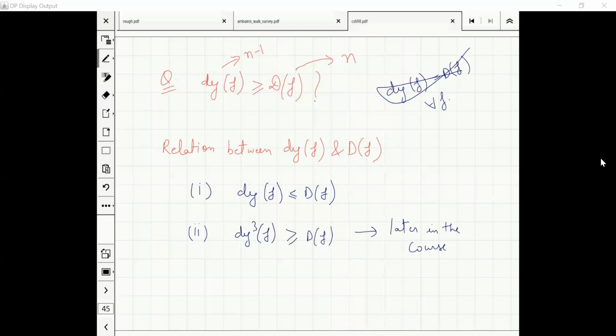What we know is that d of f is definitely less than degree cube of f. So for all functions, degree of f and d of f will obviously satisfy this. Remember, the second will be proved later. First we have just proved.